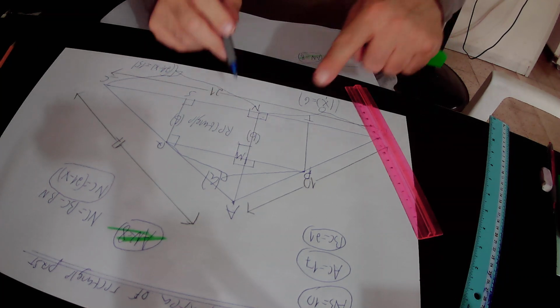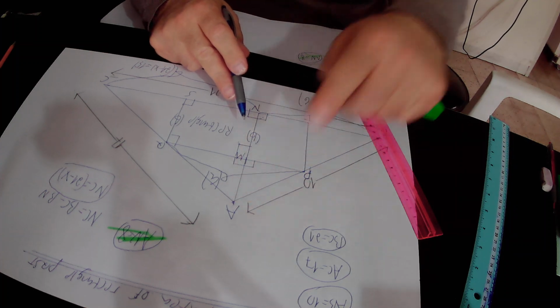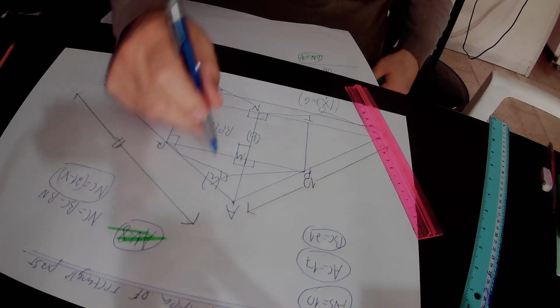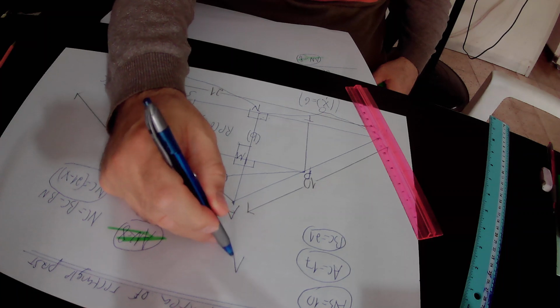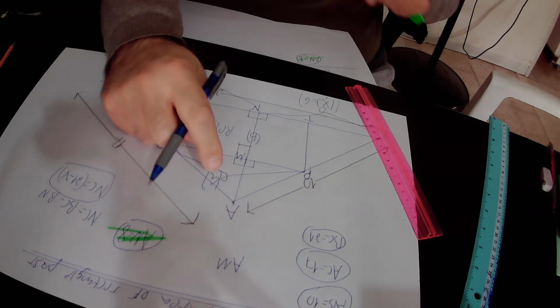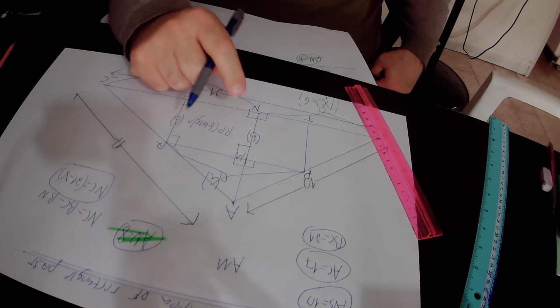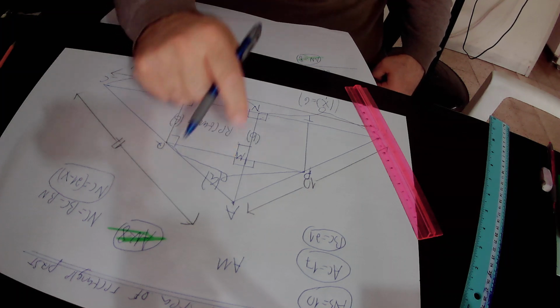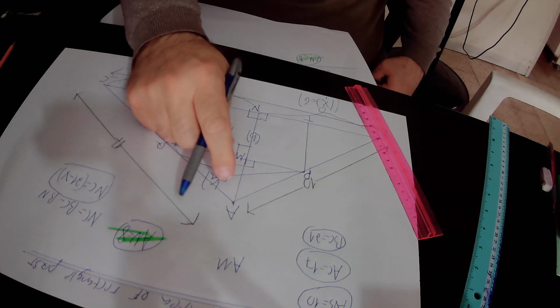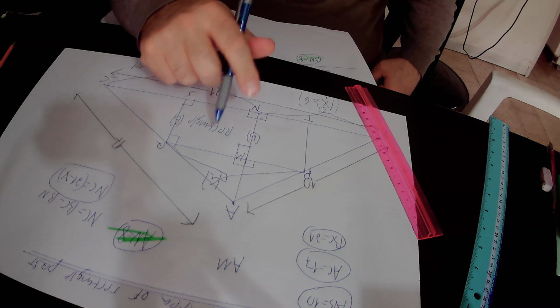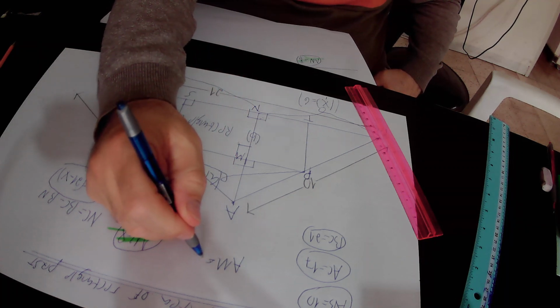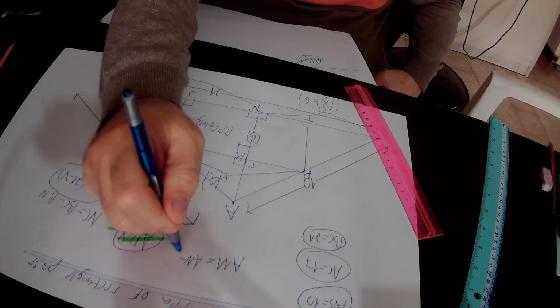What is the length of this AM? From the diagram, it is very easy to see that AM equals AN minus MN.